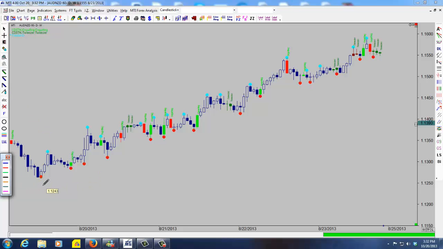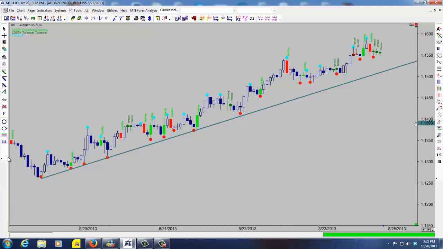Just take this trend line out from this low here, bring it up to the first touch, which looks like about there, and extend it out. That just tells you, listen, you're in an uptrend, and just be aware of that.